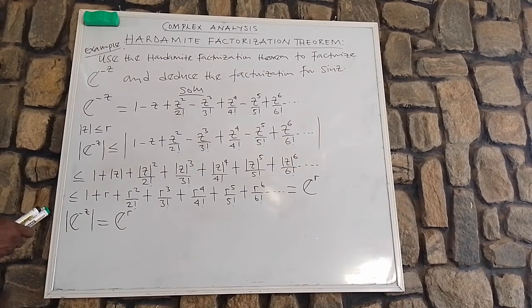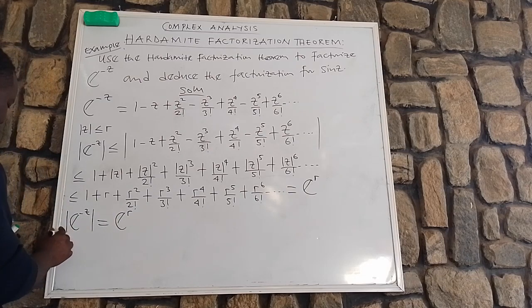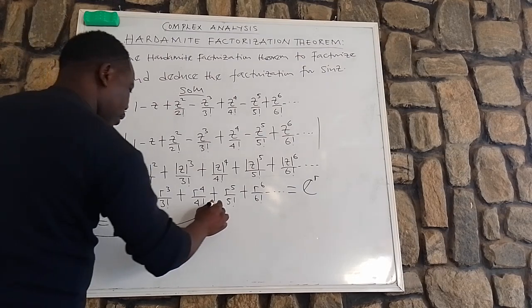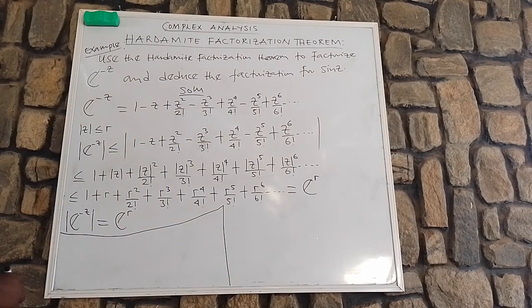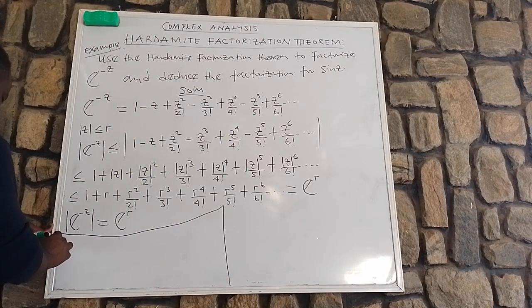So at this point, the next thing to do is to look for the order. Amen? So how are we going to look for the order? Let's do it this way.